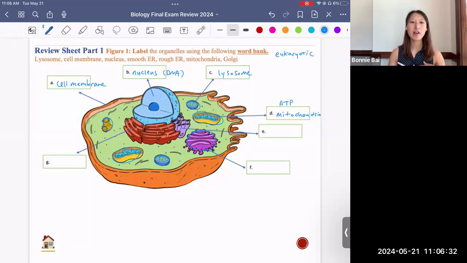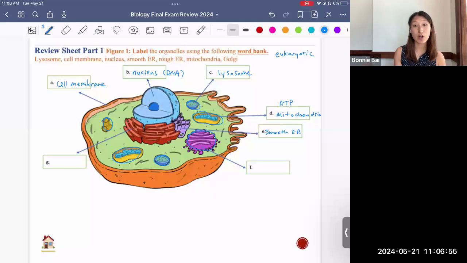The mitochondria are using the food that your cell receives, the nutrients, to break down that nutrient and make ATP so that ATP can be used as energy for different cellular activities. For example, active transport.